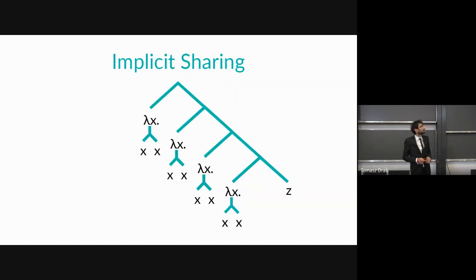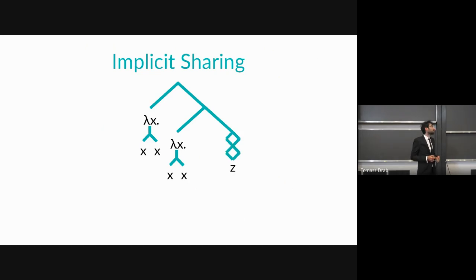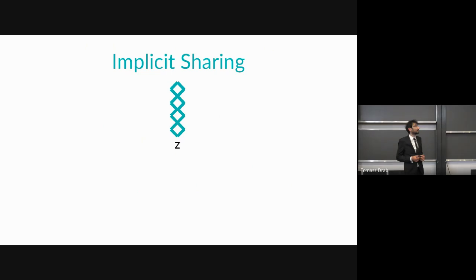This leads us to implicit sharing of sub-expressions. Thanks to that, an exponentially big expression can be represented as a linearly big structure in memory or on paper.